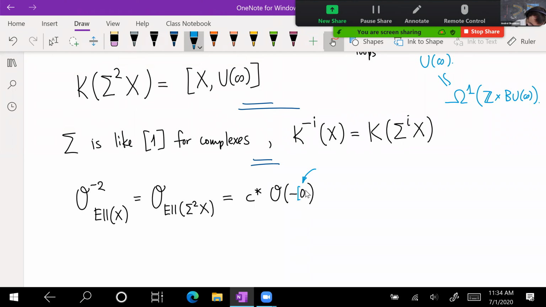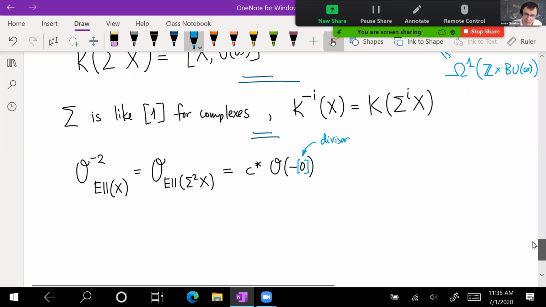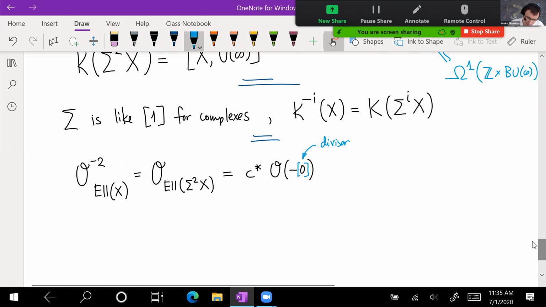Maybe we'll put divisor class like this. I couldn't think of some good notation. So there's a 0 divisor, which is 0, but it's also the divisor of a 0, which is a divisor of degree 1. So I find it very confusing to write this notation. All right, so what is that? And what is C?